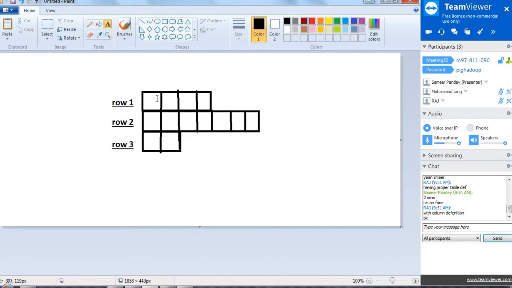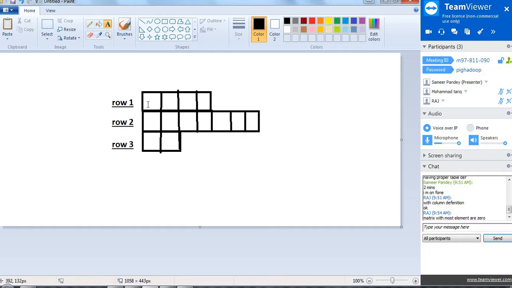Row 1 has how many columns? 1, 2, 3, 4. A sparse matrix is that one. Row 2 has a different number of columns, and row 3 as well. If you notice, the number of columns in each row is different, and this is what can be achieved through NoSQL.